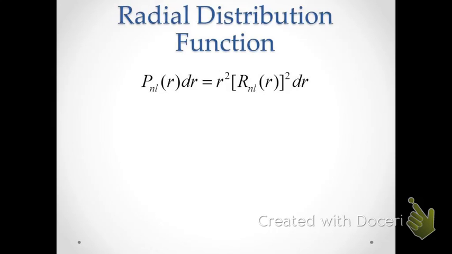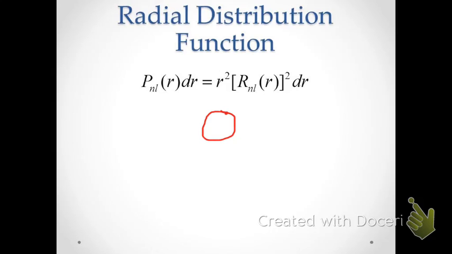When you look at a sphere, and let me actually just draw a circle here, if you look at a circle and you would calculate the probability at a particular point, say, right there, that would only tell me the probability of finding the electron at that point.